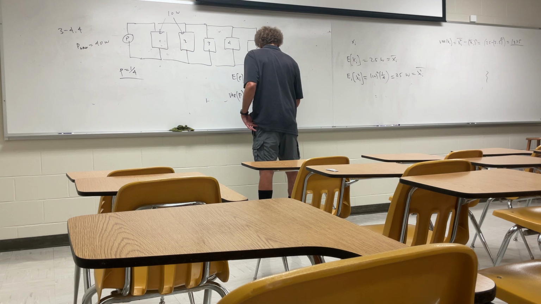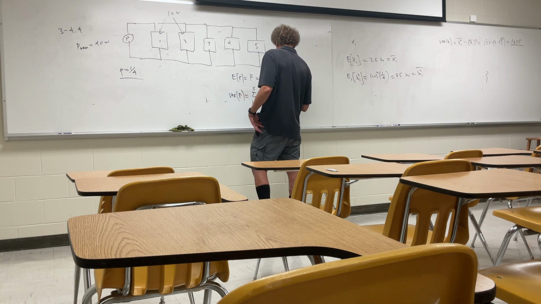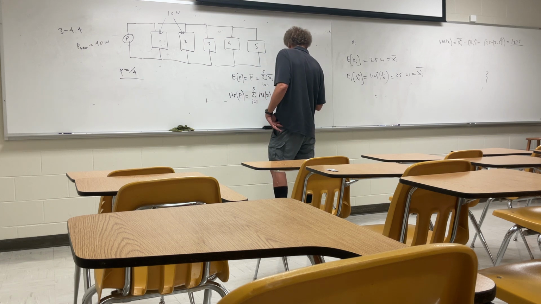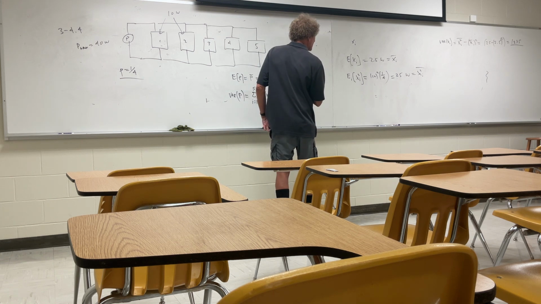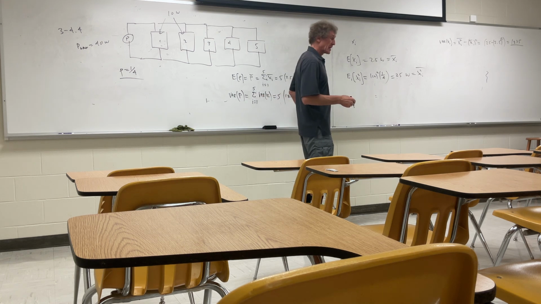So it's really the variance of xi, sum from i equals 1 to 5, or it's 5 times that 18.75. Y'all with me? And we can get that.